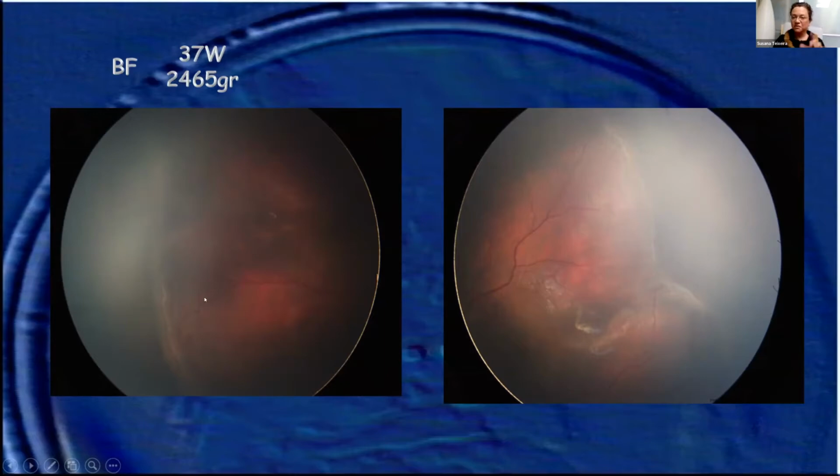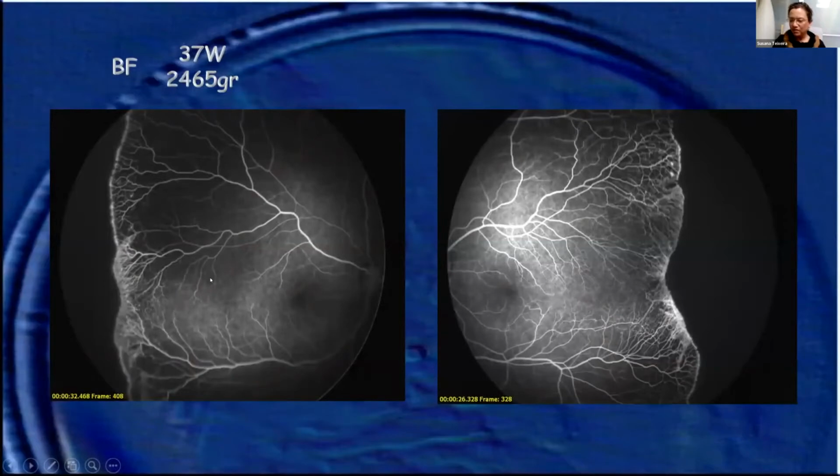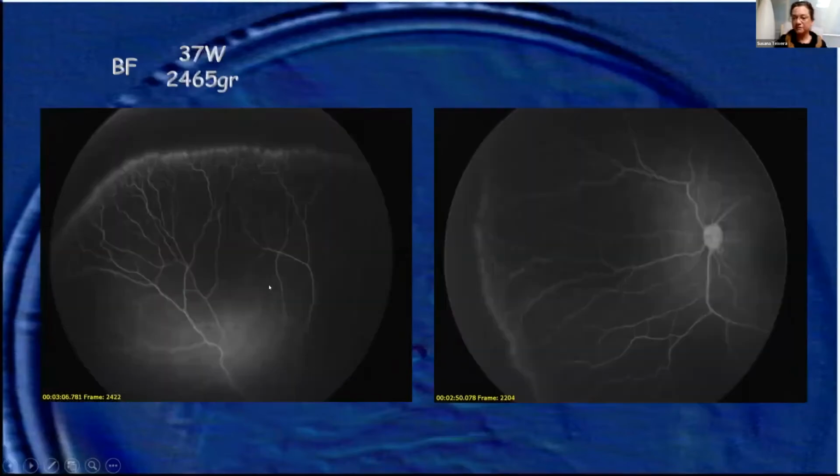This time I took care, and we had all the times in the fluorescein angiography. If you didn't know it was a full-term baby, you could say it was an ROP. But really, it's a full-term baby, and you can have this proliferation in the periphery, and those cut vessels, very much like FEVR.